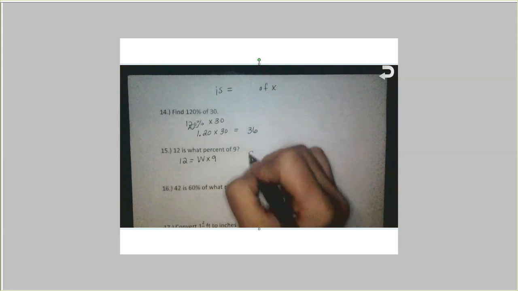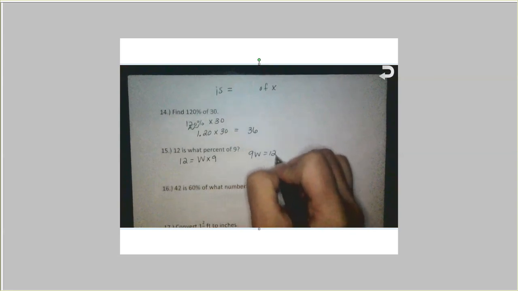12 is what percent of 9? So this is the same as 9W equals 12. Now keep in mind, I want my answer in a percent, but I'm going to just solve this out like a regular equation. 12 divided by 9 is 1.3 with a repeating bar. That 3 is continuously going out.